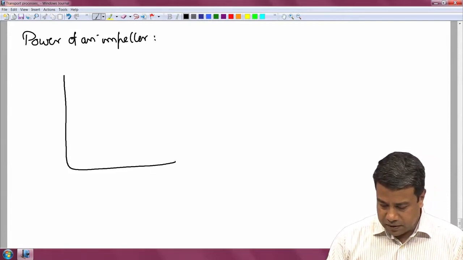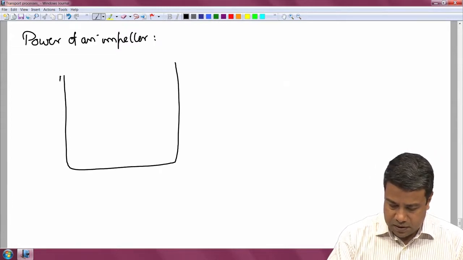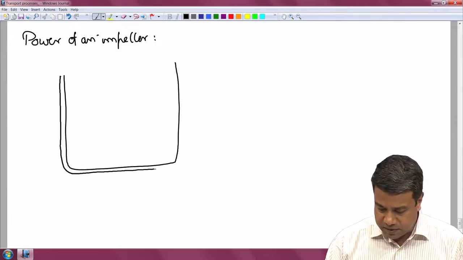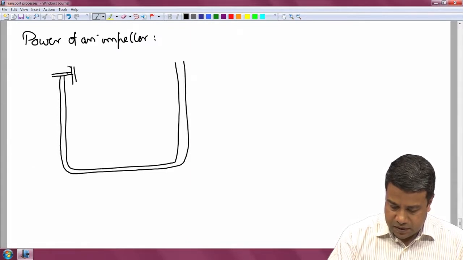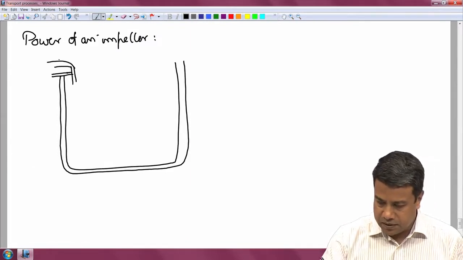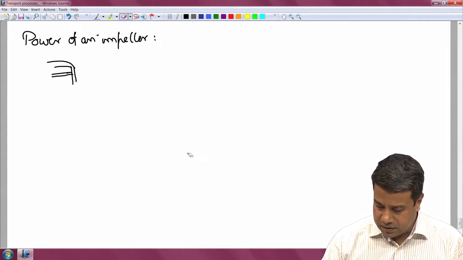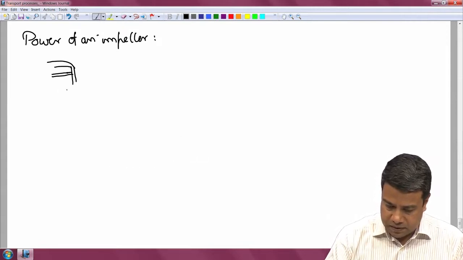So, I have a reactor here, with some particular dimension, some shape and so on. And I have space for the inlet, and space for the outlet. Let me just draw it properly.